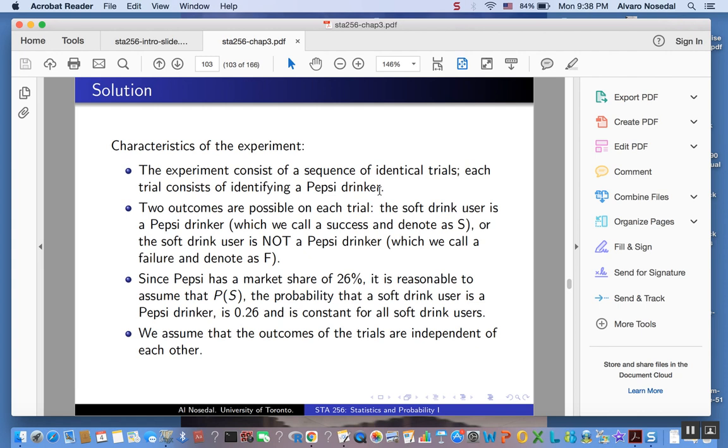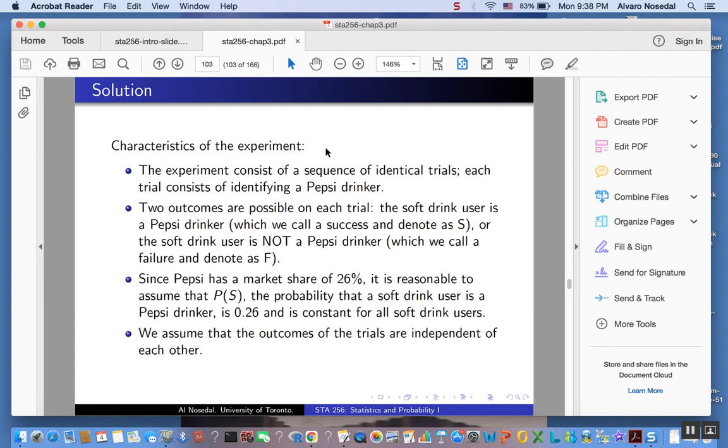I found them. I checked our lecture notes corresponding to chapter 3, and I retrieved these characteristics from that example when we introduced the geometric probability distribution.